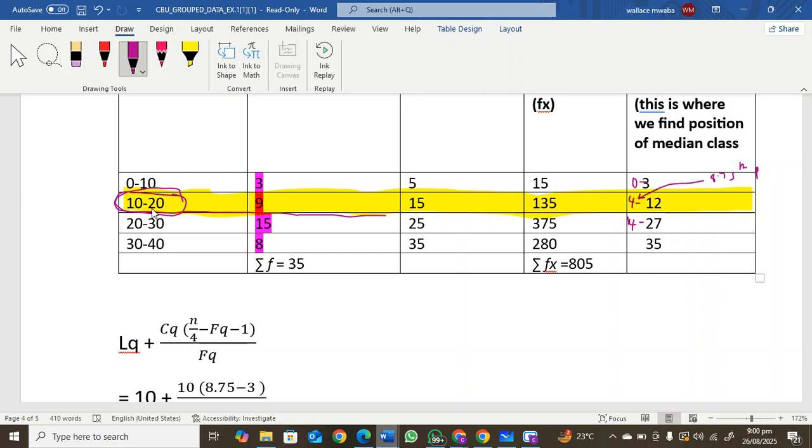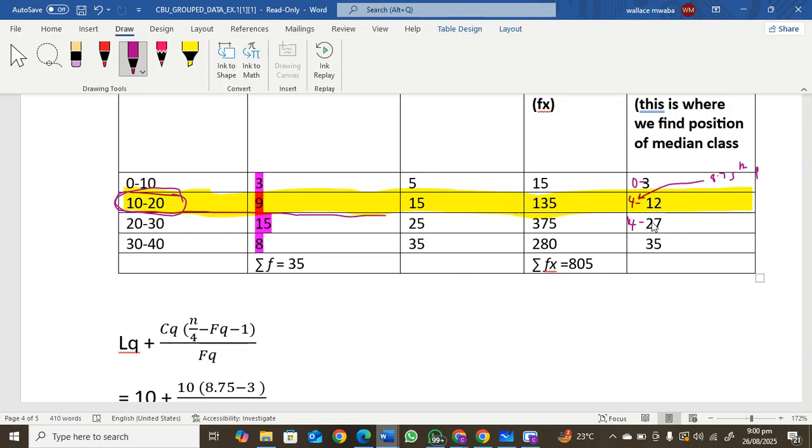So is that okay, Mr. Kennedy? First, you tabulate your cumulative frequencies. Then once you've tabulated them, in your mind you should think, okay, I've got 3, 12, 27 and 35. So for this one, it's 0 to 3. The next one, 4 to 12. Next one, 14 to 27.